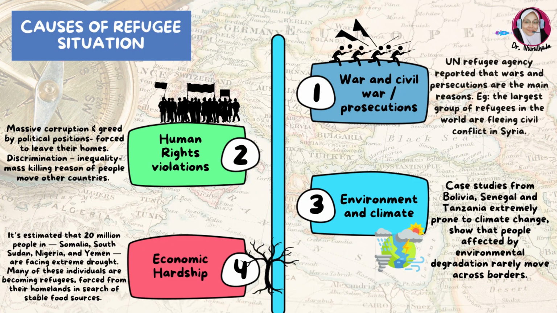Right, next we are moving on to the causes of refugee situations. First would be war and civil war persecutions. There are wars and civil wars out there, for example in Ukraine, Syria, even in Egypt, not a long time ago. And we have human rights violations, for example, because of massive corruption and greed by political leaders, people are forced to leave their homes.